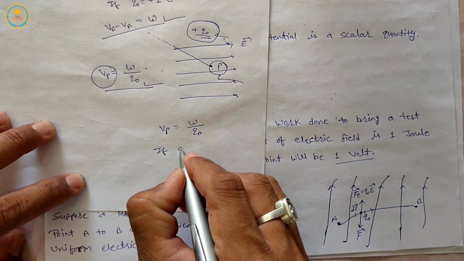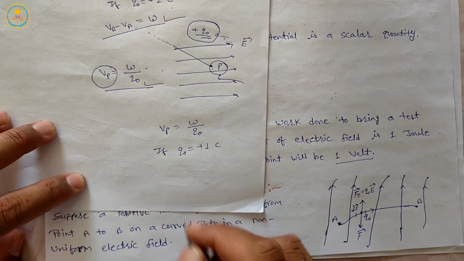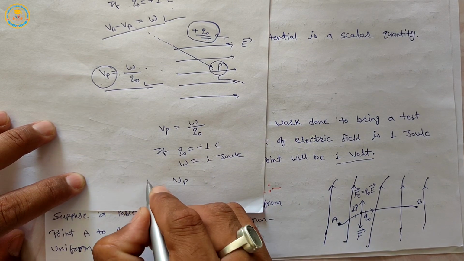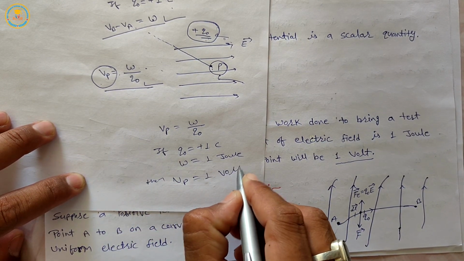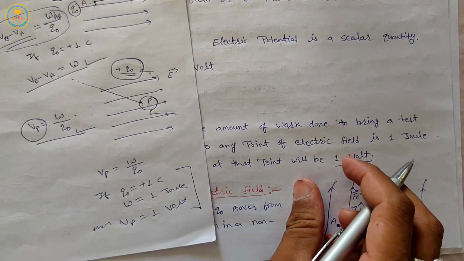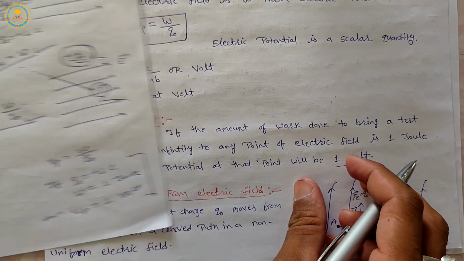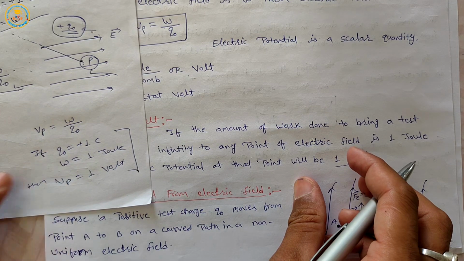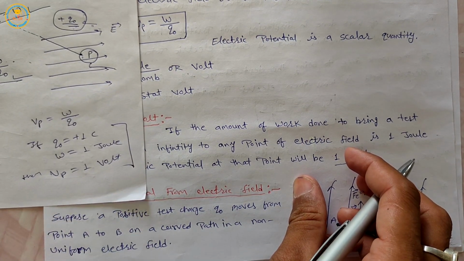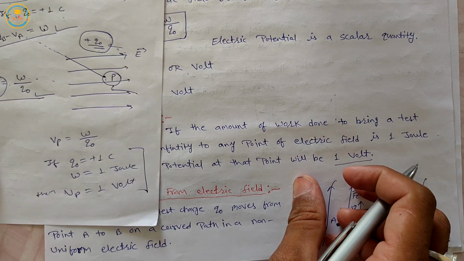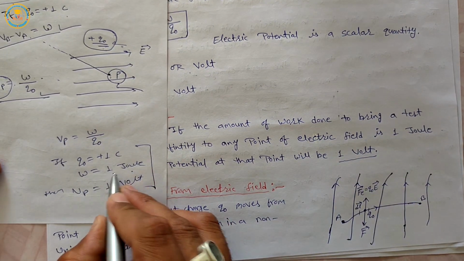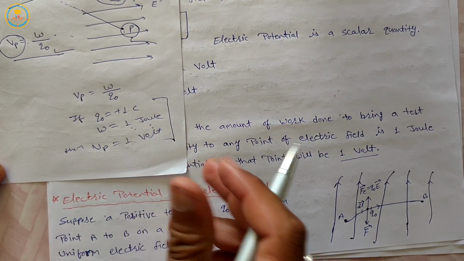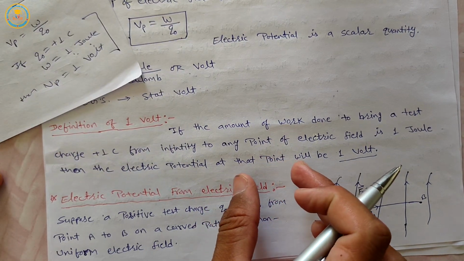If Q naught is equal to plus 1 coulomb and W is equal to 1 joule, then Vp is equal to 1 volt. According to these conditions, we say that if the amount of work done to bring a test charge from infinity to any point of an electric field is 1 joule, then the electric potential at that point will be 1 volt. This is the definition of 1 volt.